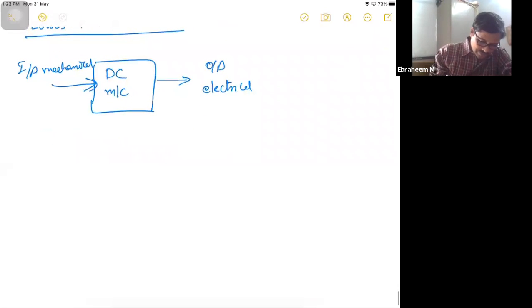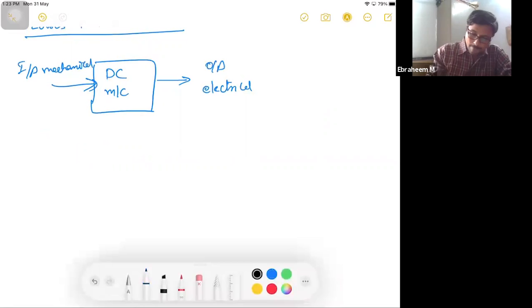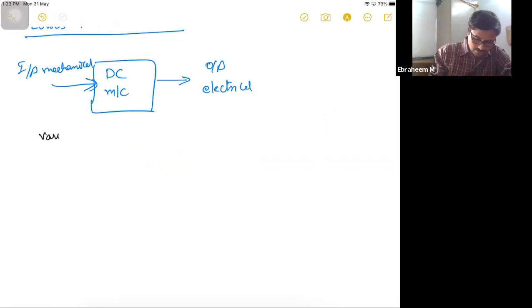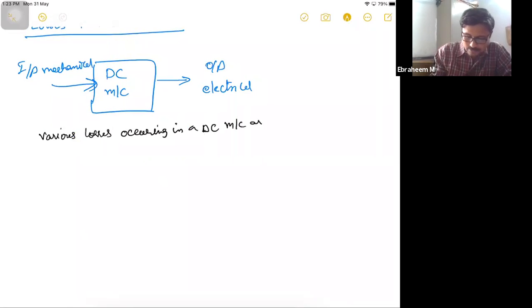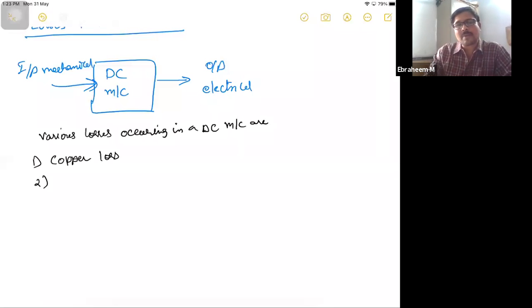So the various losses occurring in a machine are: first one, copper loss; in the copper loss you will have a sub classification.